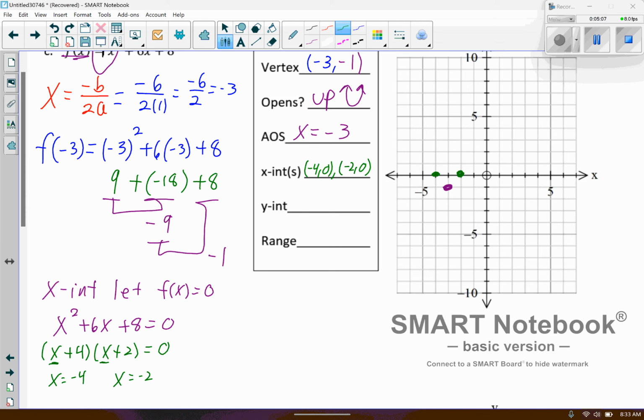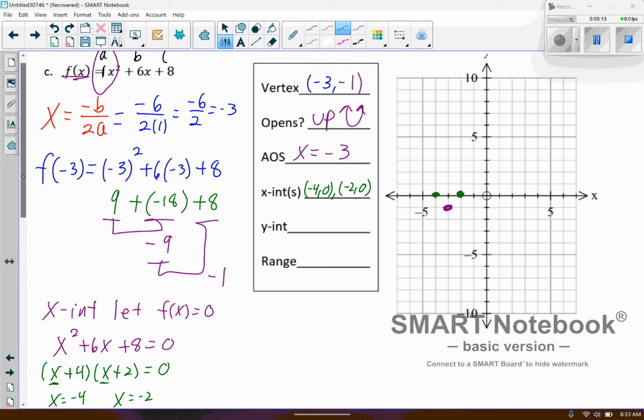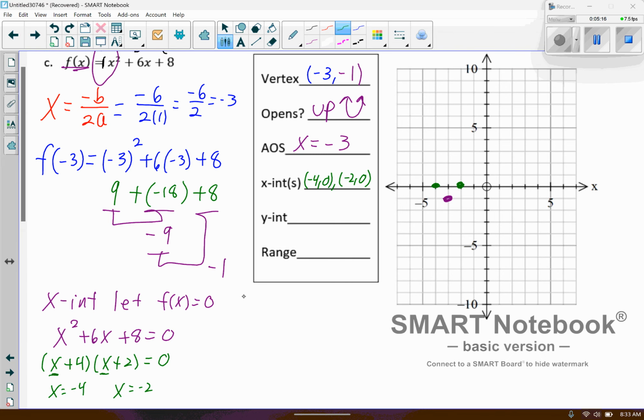That looks pretty good. And then the y-intercept on this is actually fairly simple when it's in this format, because it's just going to be the c value. Because if we're looking for my y-intercept, this time by definition you let x equal 0. So we're going to evaluate the function at f of 0. And so we're going to have 0 squared plus 6 times 0, and then plus 8.